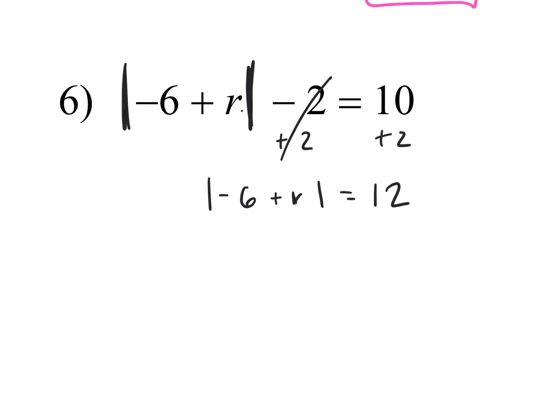Can I get rid of the absolute values now? Yep. Once it's all by itself, we can get rid of it and split it into two equations. So I have negative 6 plus r is equal to positive 12. Negative 6 plus r is equal to negative 12. So my equation on the left, the blue one, how do I solve for r?